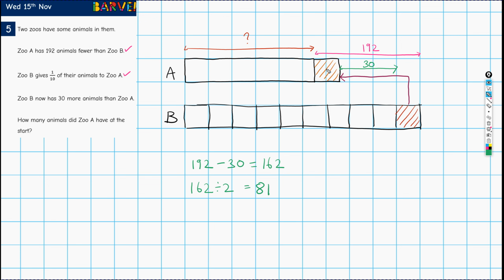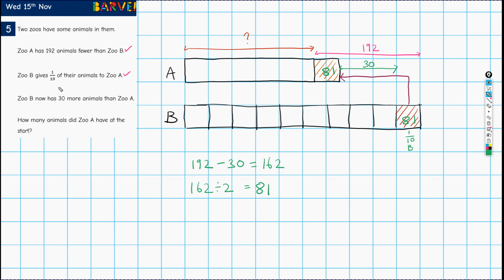And 81 is the value of each of these parts. And because we know that this is 1/10 of B, we now have a value that we can work with.